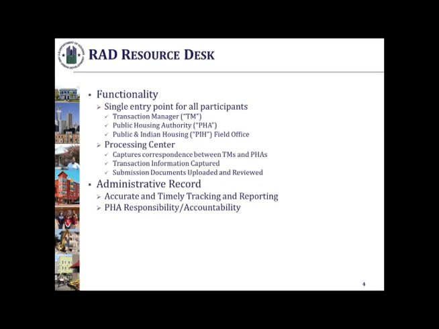Similarly, with the field offices, you'll be able to see the transactions that you're working on in your field office, but not any of the other ones. There is broader access for branch chiefs and RAD general managers and that sort of thing, so they can see more. But for our purposes today, we'll be talking about the functionality if I'm a Readiness Transaction Manager.